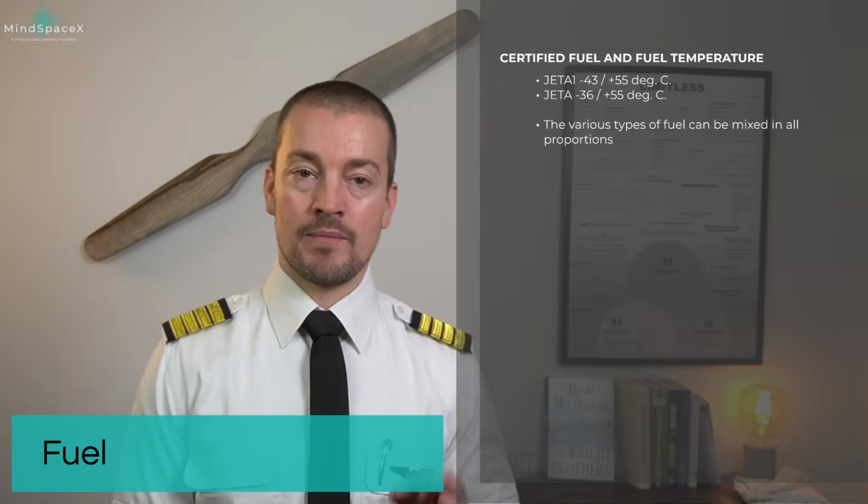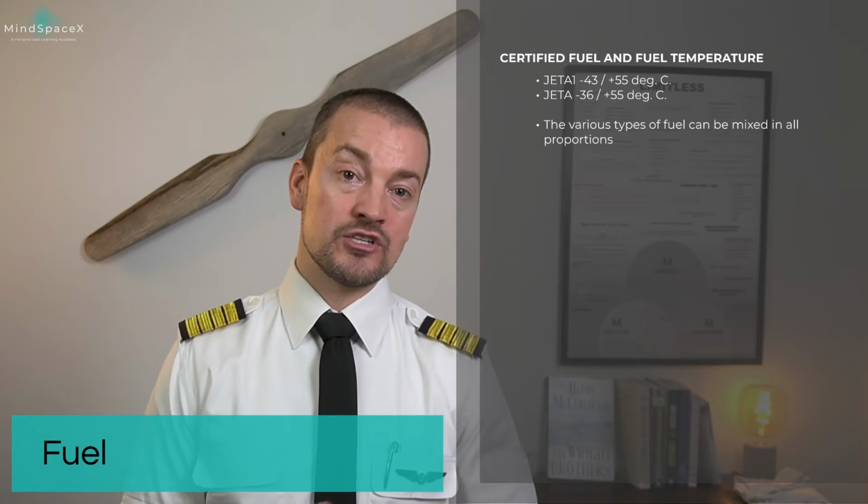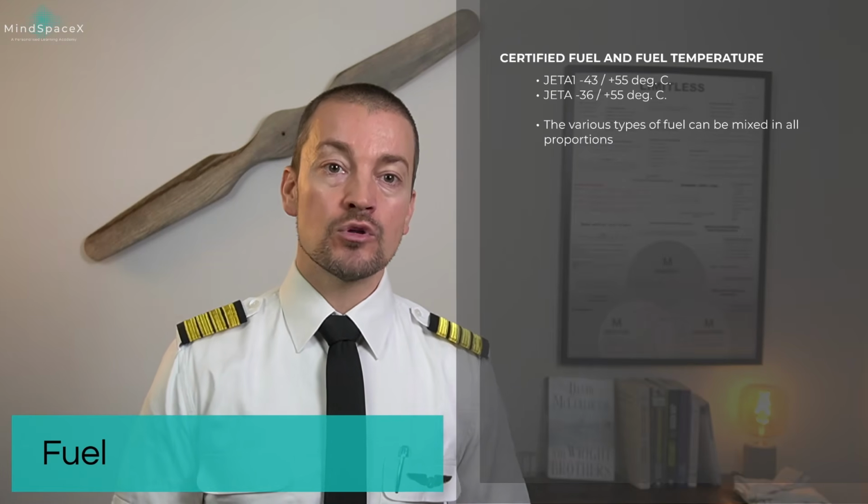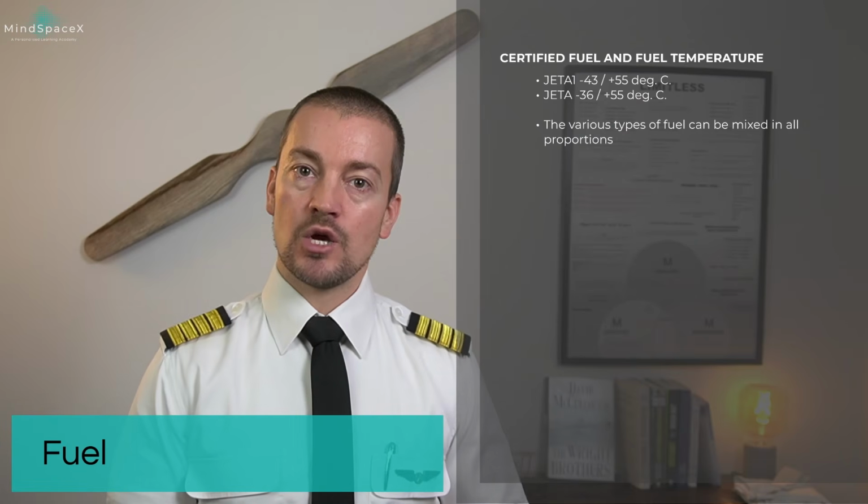Although it states in the FCOM and in the limitations chapter that the engines are capable of using more than a dozen different types of fuels, there are really only two fuels you will get your hands on for commercial use: Jet A1 and Jet A. Jet A1 has a minimum temperature of minus 43 and a maximum temperature of 55 degrees Celsius, whereas Jet A has a slightly higher minimum of minus 36 degrees to positive 55 degrees Celsius.